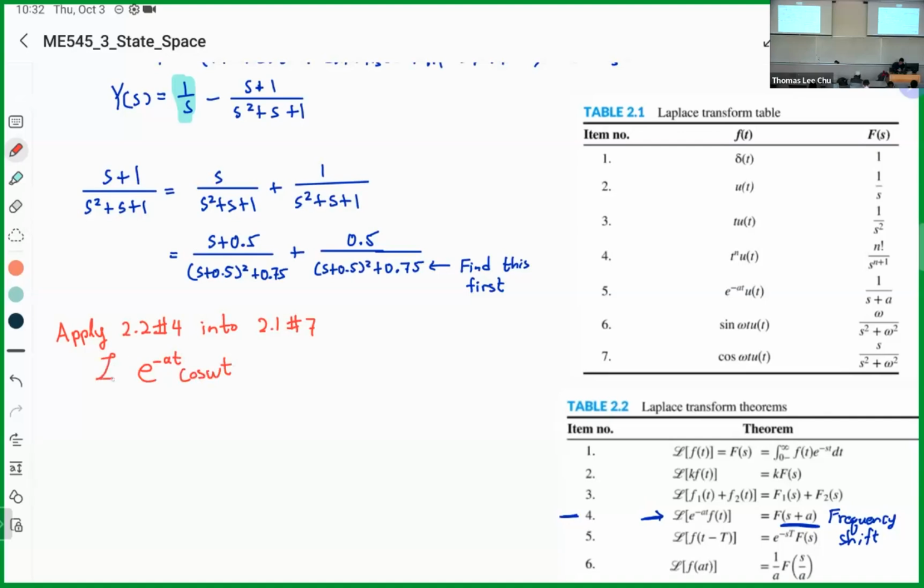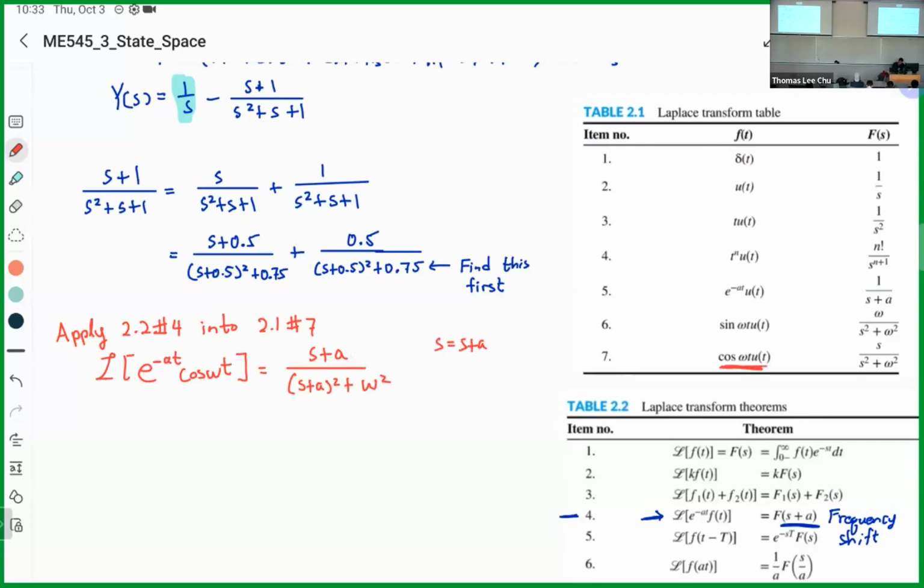If I take the Laplace transform of that, I would get s plus a divided by s plus a squared plus omega squared. Think of it as substituting s with s plus a.